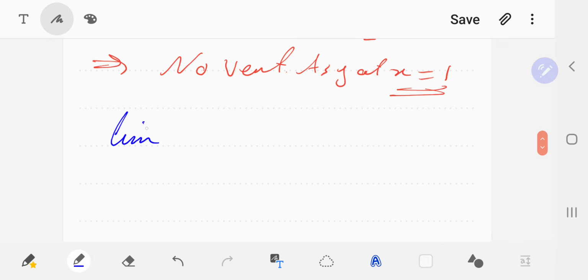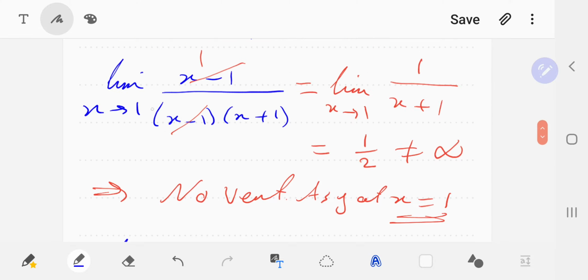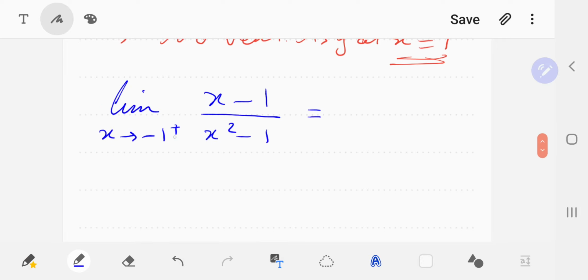Limit of x minus 1 over x squared minus 1 as x approaches negative 1. What would that give you? Of course, we need to check either the right side or the left side. In this case, it doesn't make a difference because it gives us a value, not an infinity. But here, let's say the right side of negative 1, this gives me negative 2 over 0, which leads to infinity.